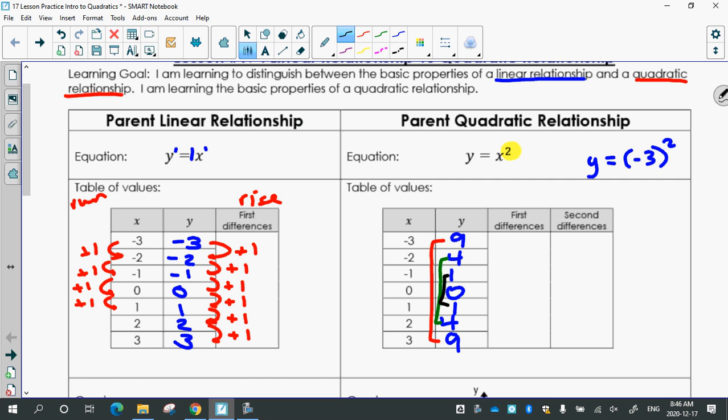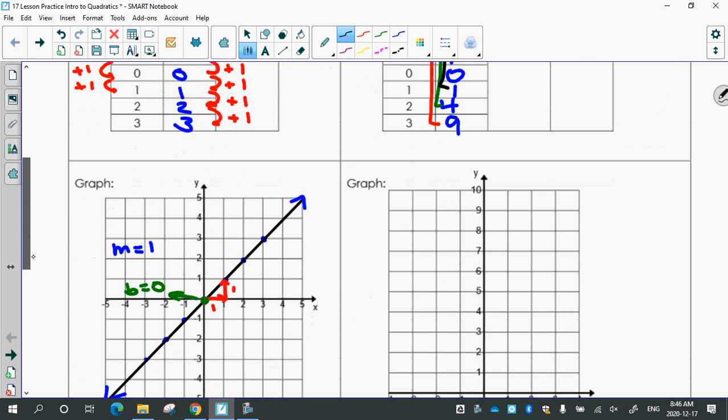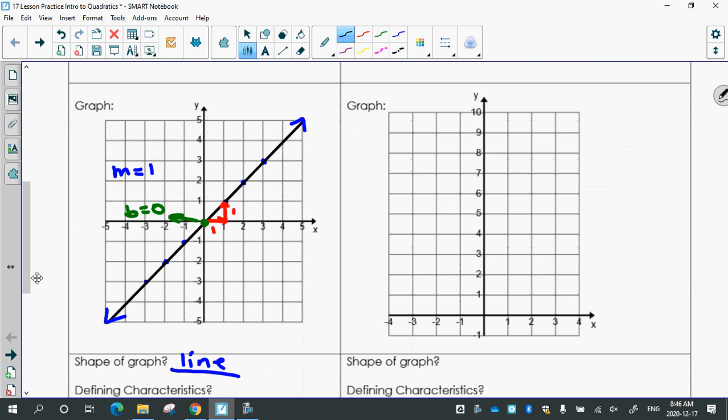All right, so let's draw a graph of it from the table. So -3 and 9. -2 and 4. -1 and 1. 0 and 0. 1 and 1. 2 and 4. 3 and 9.